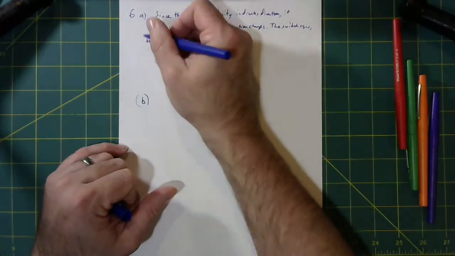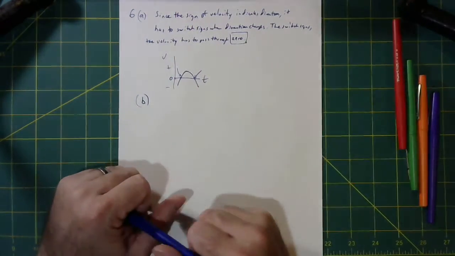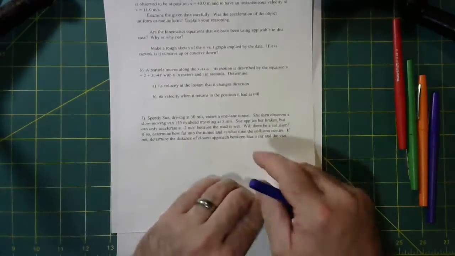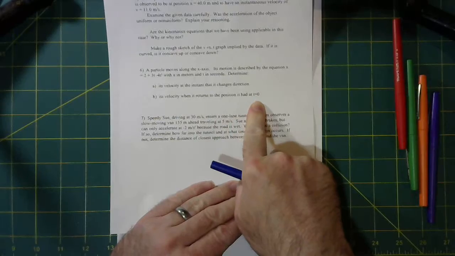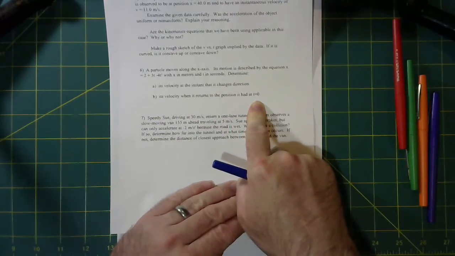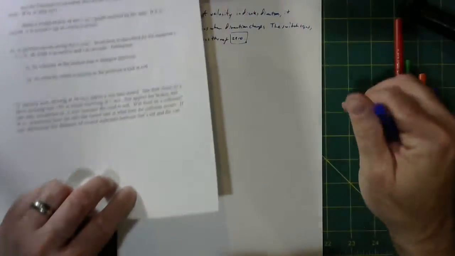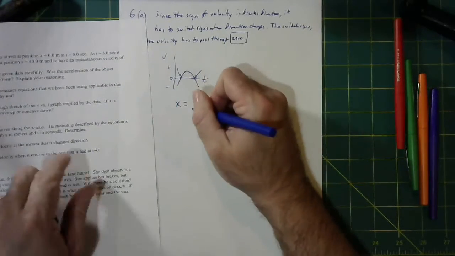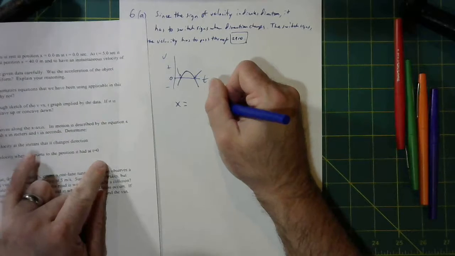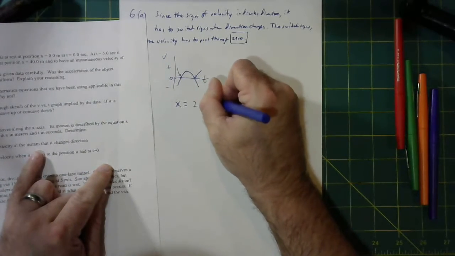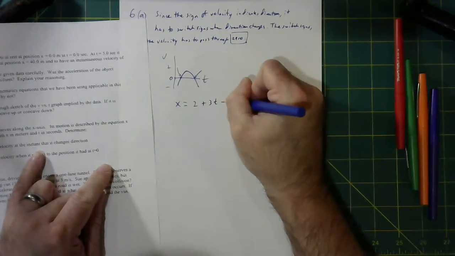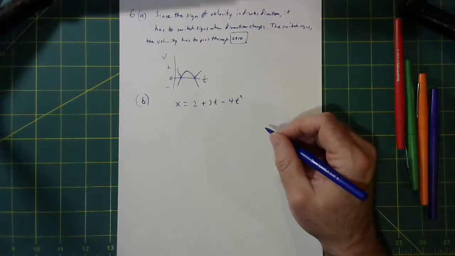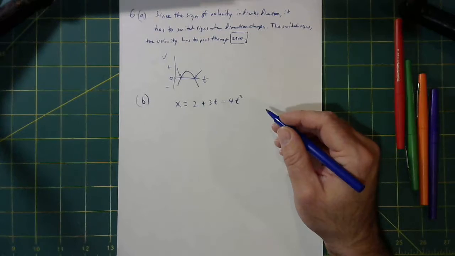Okay, so part B of problem 6 says, can you find the velocity when it returns to the position it had at time 0? So maybe I'll take a look at my position equation, which is that position is 2 plus 3t minus 4t squared. I want to know the velocity when it gets to the position it had at time 0.